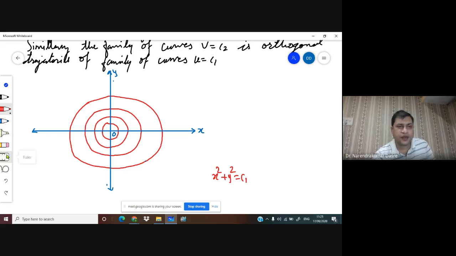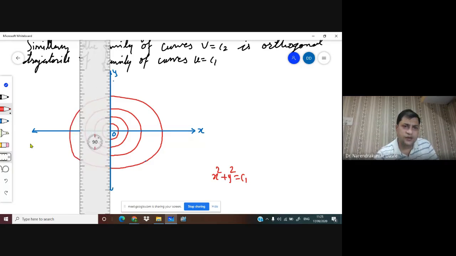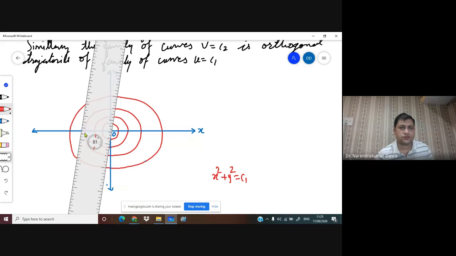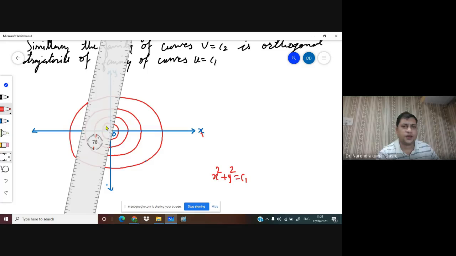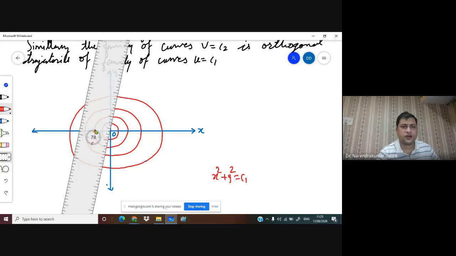And now we can have another family of curves, like this.